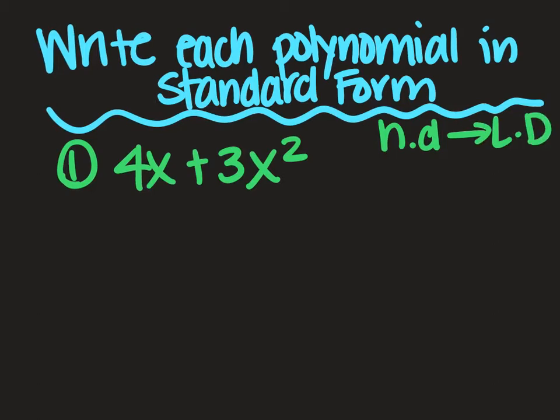As we look here, we can see that we have an x squared, and then we have an x to the first. 3x squared is going to go first, then we put the 4x behind it. If this had a constant with it, then that would be the last term.